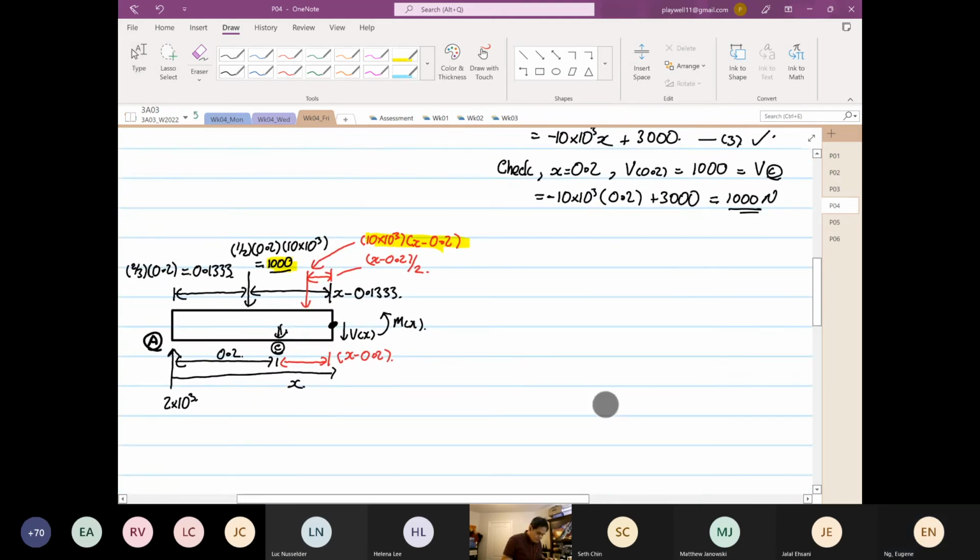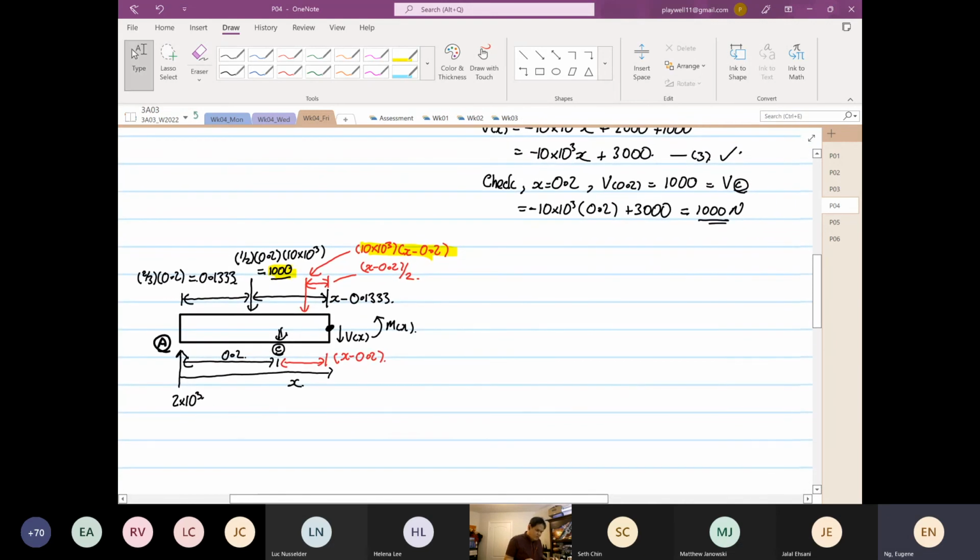Okay, so the next thing is we're going to take moment. Now, aren't you glad that you have all the distances sorted out? With all the distances sorted out, it's easier to get your shear force equation.